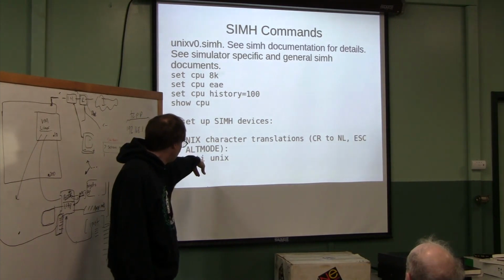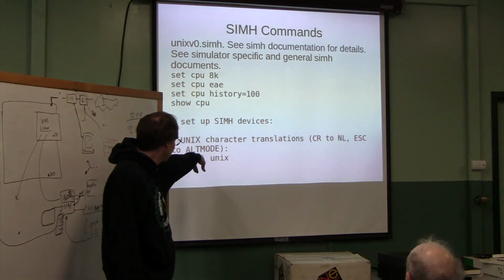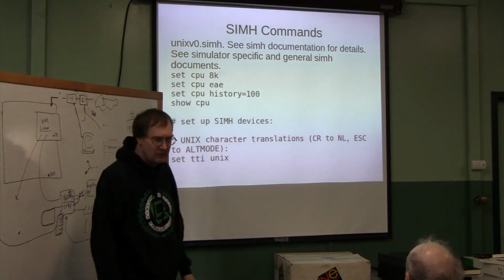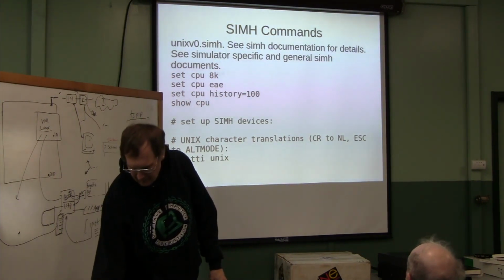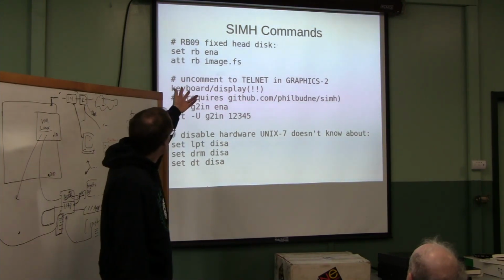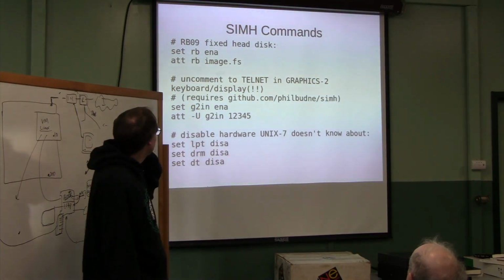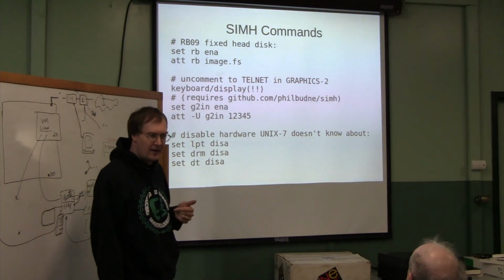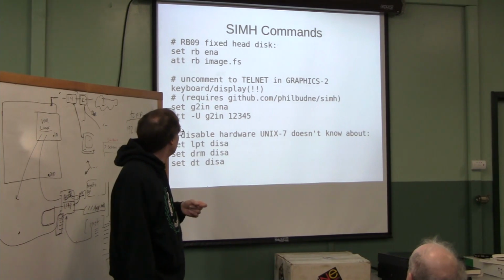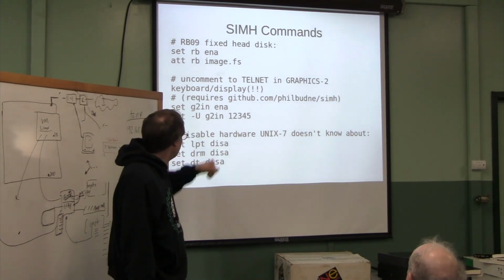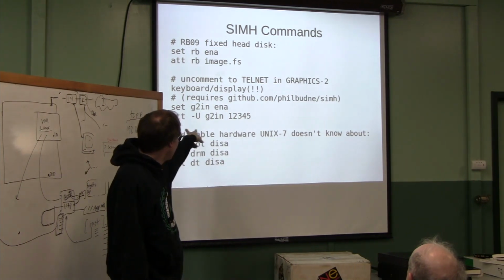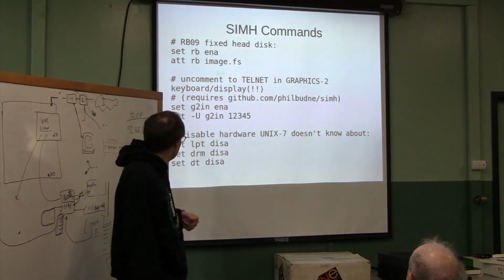We're configuring the console teletype input port to have the right translations for Unix. We're turning on the RB09 fixed head disk and attaching a file to it with the contents. We're enabling the graphics tube and attaching that to a Telnet port.